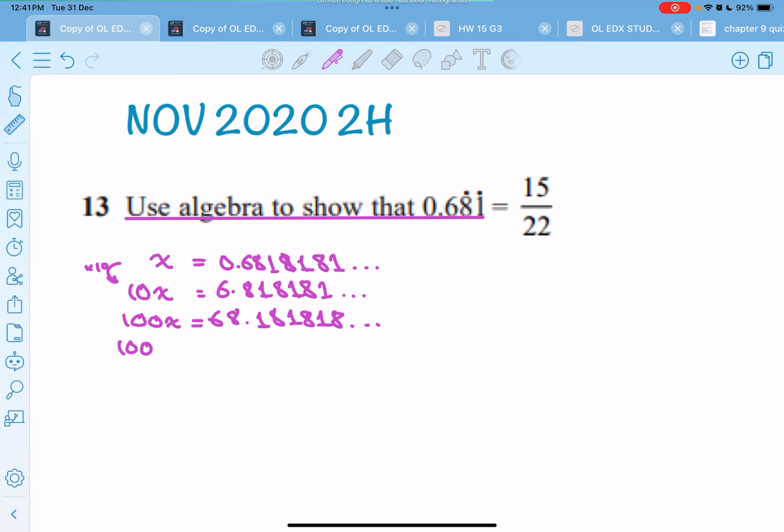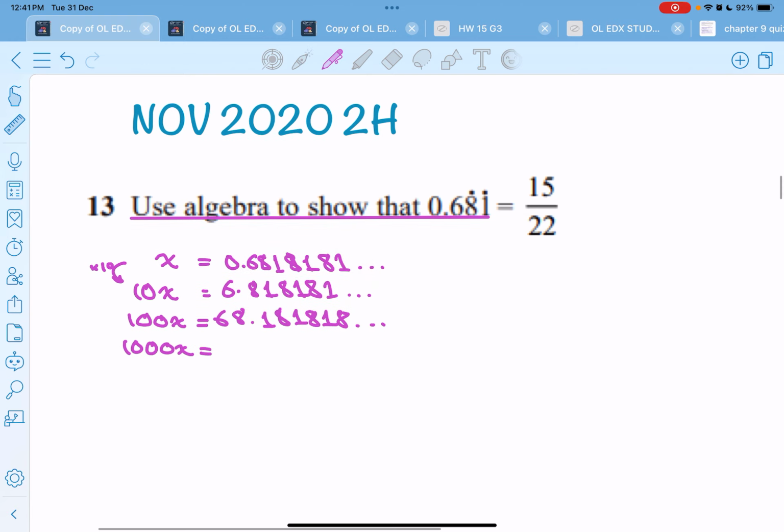What about 1000x? Doctor, why are we trying a lot? What we need to see, or when do we know that we're done multiplying by 10, by 10, by 10? When the digits after the decimal for two numbers are equal.